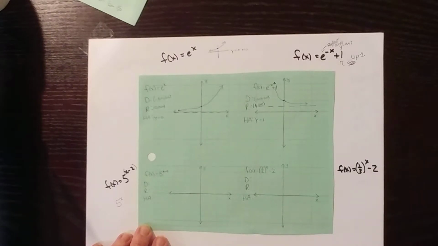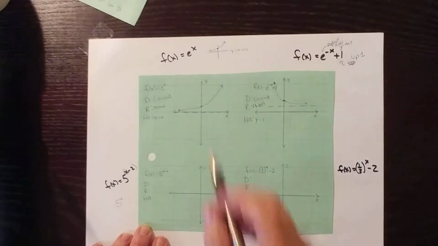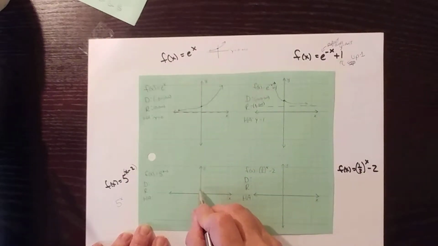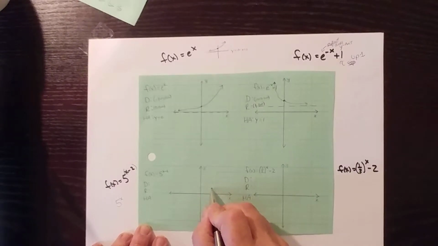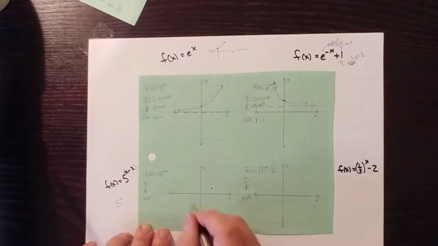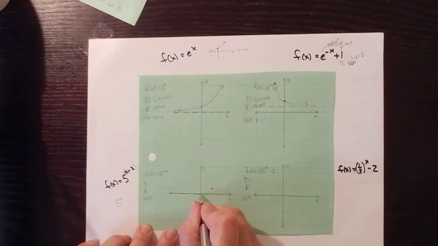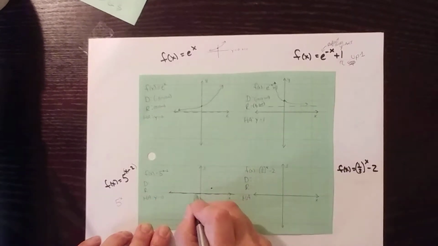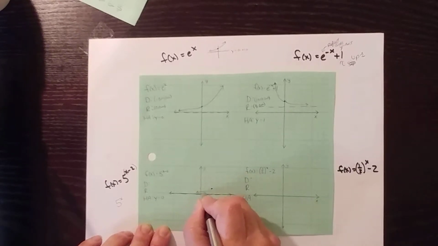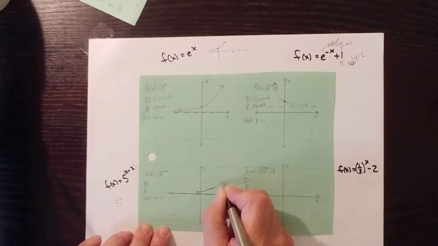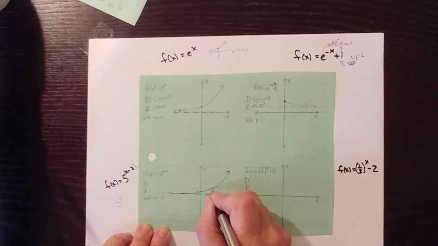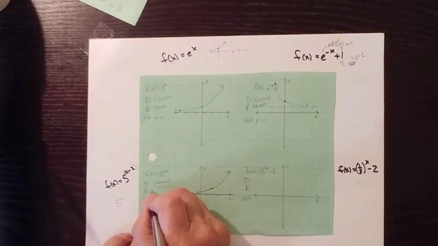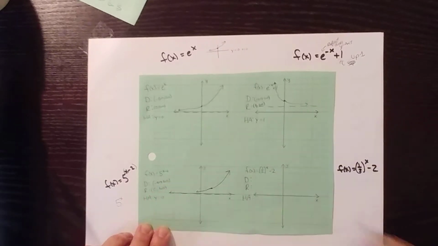So instead of left 2, we're going to go to the right 2. So we take this basic graph and we shift it to the right 2 places. So if this is the intercept, it's going to get shifted to the right 2 places. If the horizontal asymptote gets shifted to the right 2 places, it doesn't change. It's still right here. Y equals 0. So that just means it's going to start its real increasing part a little further to the right. So that's basically what it looks like. The domain is still negative infinity to positive infinity, and the range is still 0 to infinity.